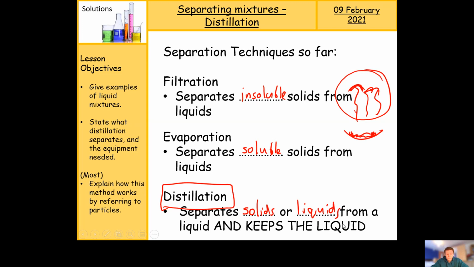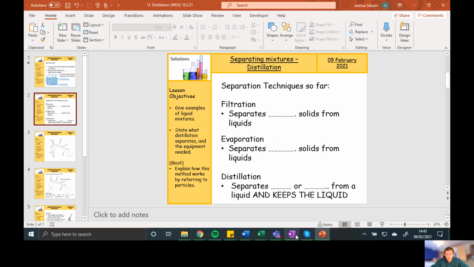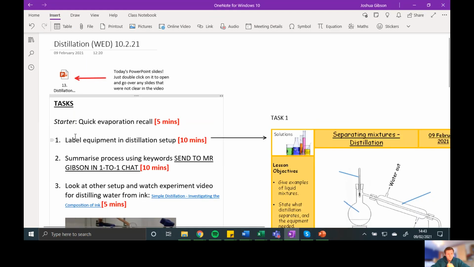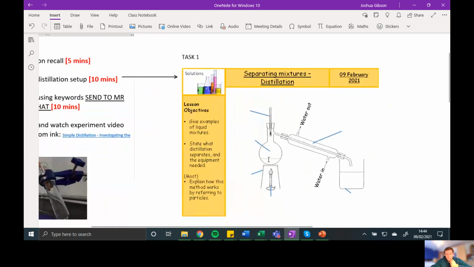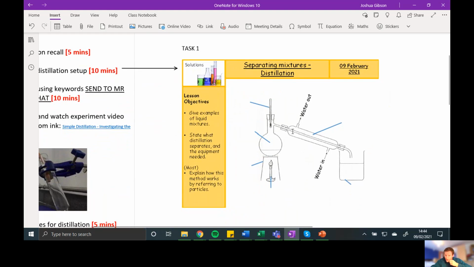Okay, I just draw your attention to the OneNote for today. As you've already seen, we've done our starter. We're now going to move on to this next task. We're going to look at the equipment we need to do distillation. What I've got for you over here for the OneNoters is the diagram all drawn out, and it's there ready with the arrows for you to label.